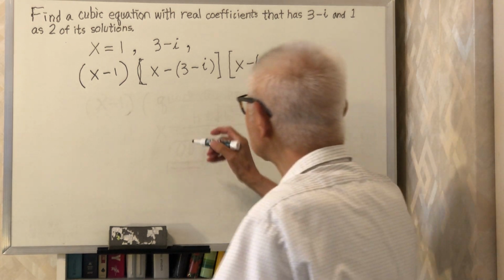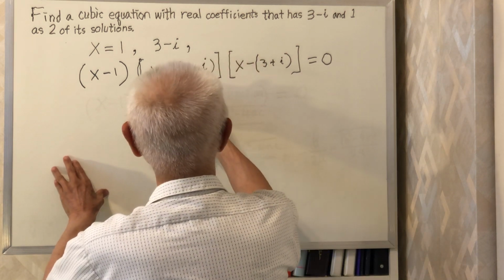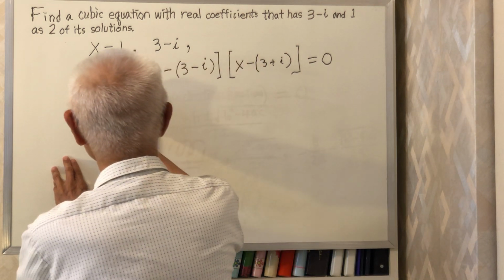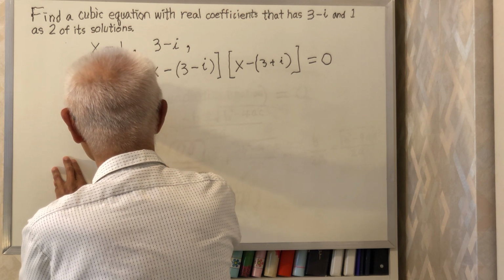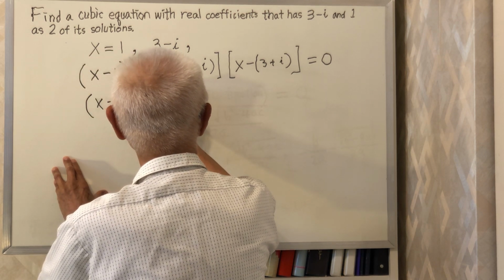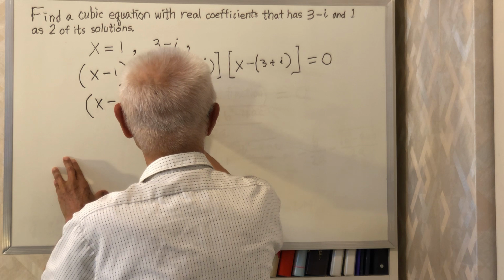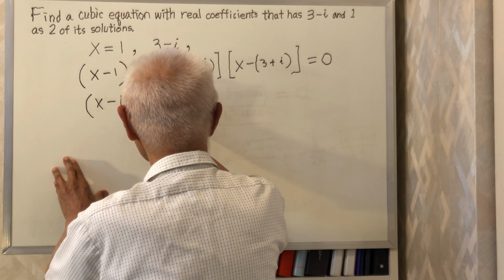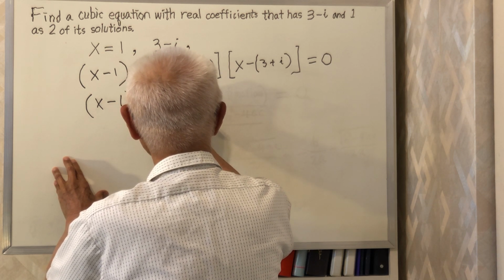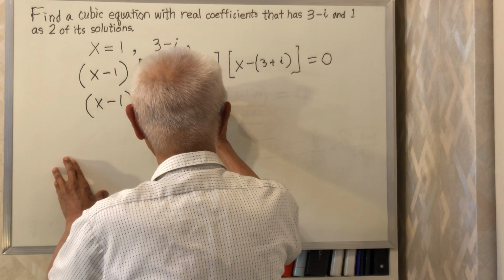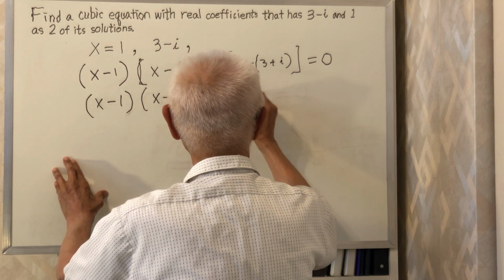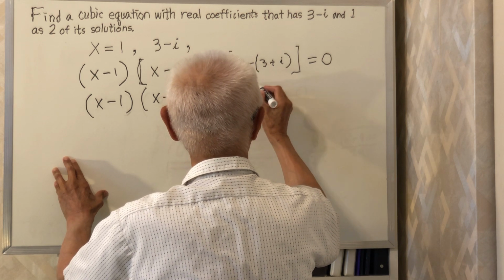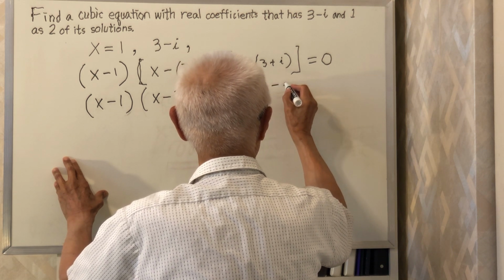So let me remove the brackets. Let's see now. Remove the brackets. So x minus 3 plus i. And this one is x minus 3 minus i.